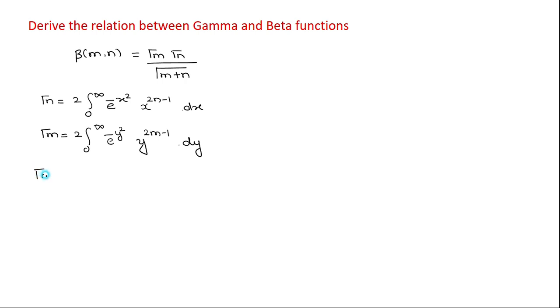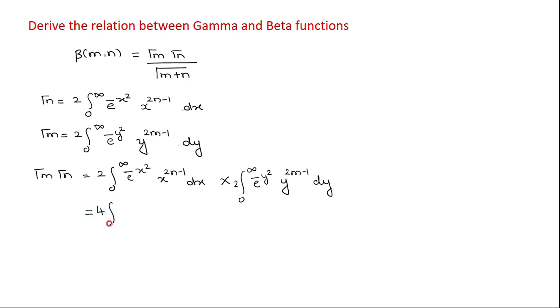Taking the product of gamma m and gamma n, it is 2 times integral 0 to infinity e raised to minus x square x raised to 2n minus 1 dx, multiplied with 2 times integral 0 to infinity e raised to minus y square y raised to 2m minus 1 dy.